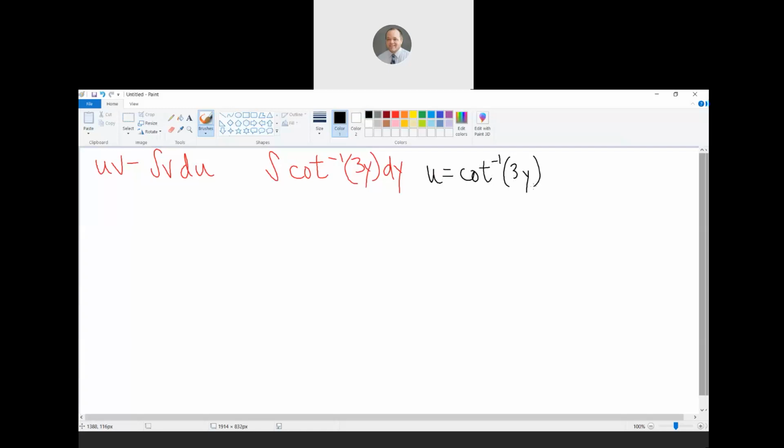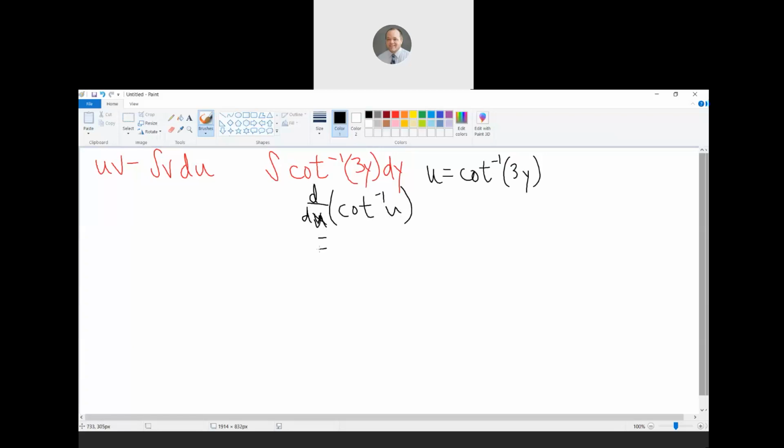And there is actually a special formula for inverse cotangent, for derivative, I'm sorry. And that should be a u outside, sorry about that.